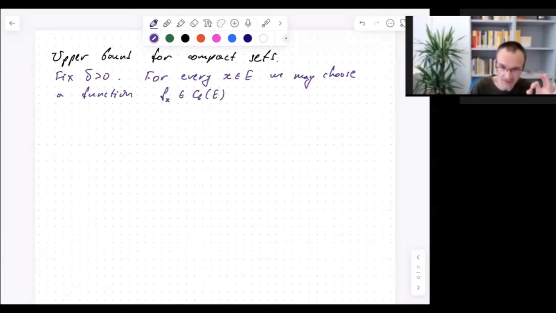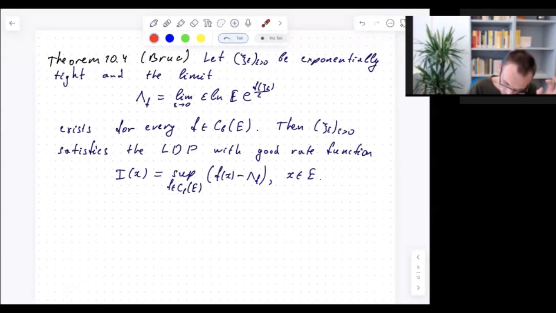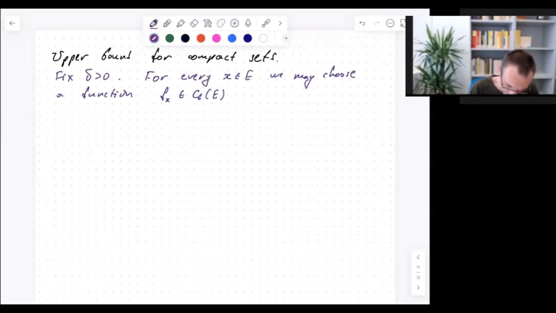Actually, this function has to be such that this supremum is almost realized on that function fx. It means that fx of x minus lambda of fx, when you put that function, will be larger than the supremum, that is I of x, minus delta.